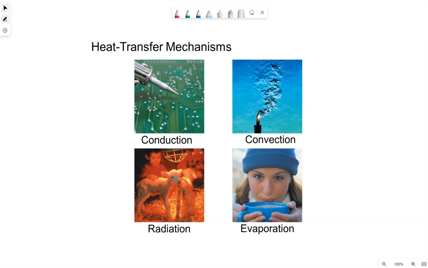So our last topic we're covering in this chapter is the ways in which heat can be transferred. So recall, heat is a transfer of energy because a system and its surroundings are at different temperatures. So conduction, there's an electric circuit shown here because we're talking a similar idea: the electrons within the atoms can move from atom to atom to atom within a conductor.